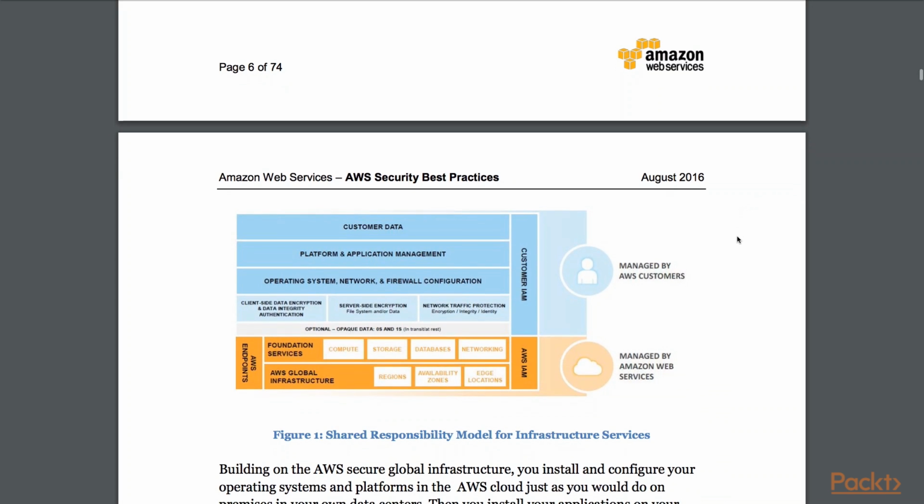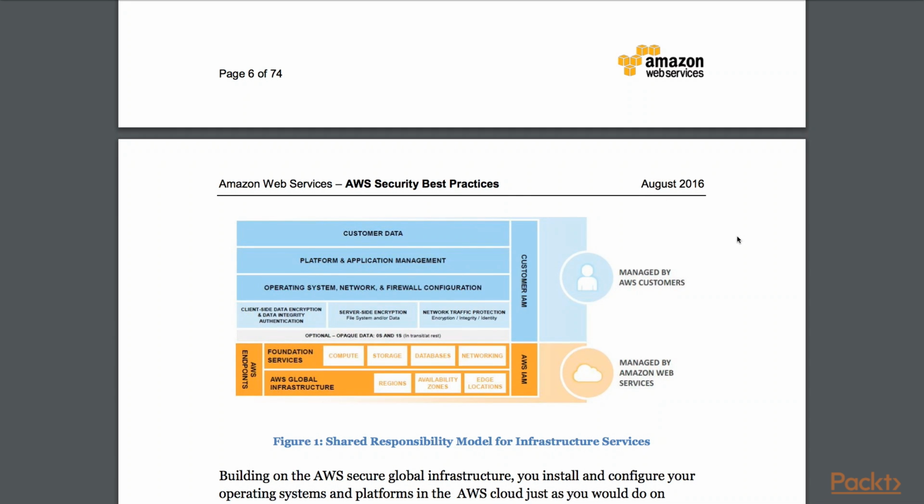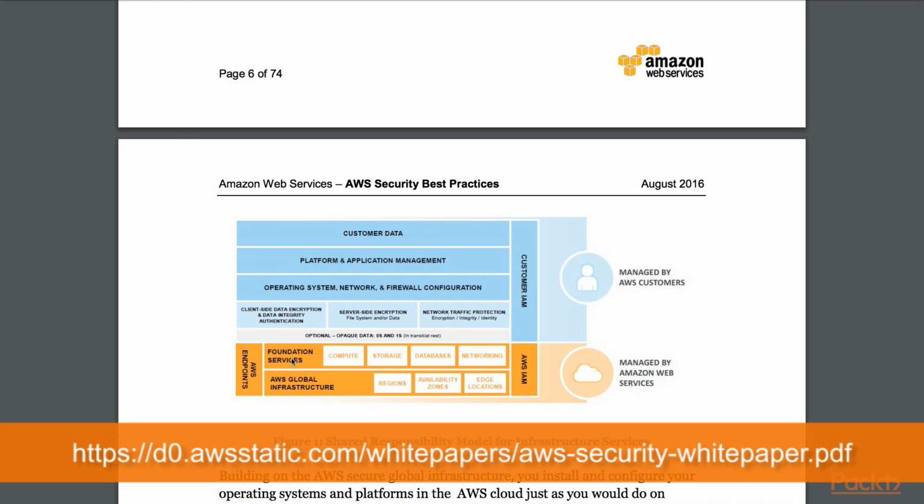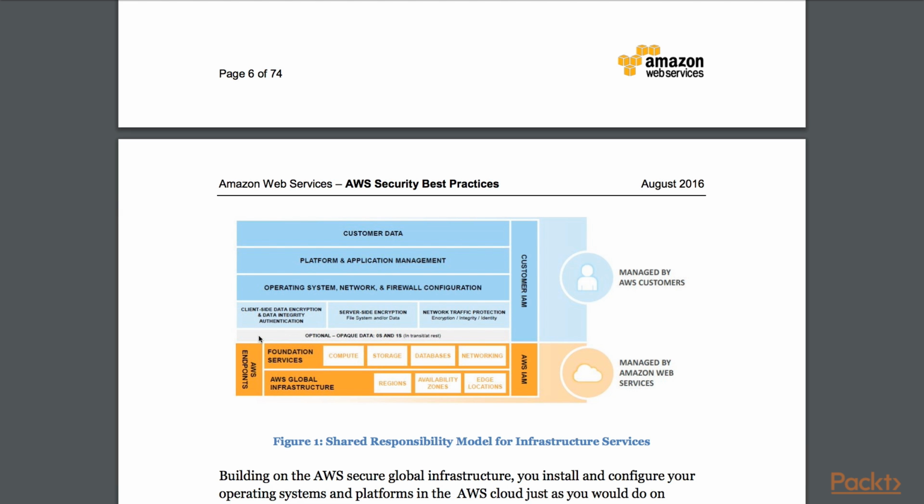So we have the shared responsibility model for infrastructure services, and we can see that these are the services managed by Amazon Web Services, and this is what the customer manages. So when we talk about infrastructure services such as EC2, AWS is responsible for the global infrastructure, for example, the regions, availability zones, and edge locations, as we have discussed beforehand, the endpoints, as well as foundation services: compute, storage, databases, and networking.